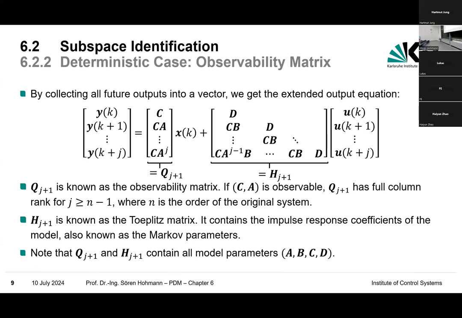Now, this is a little bit of homework. Please look in your multivariable control notes for the proof of the Kalman observability criterion for discrete-time systems, because there you will find why it's repetitive.